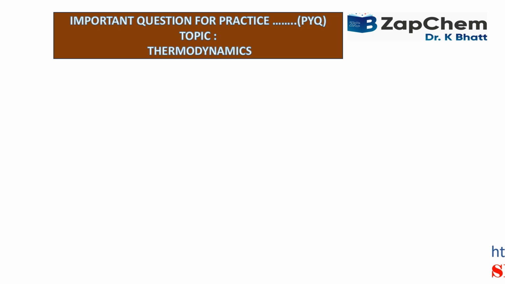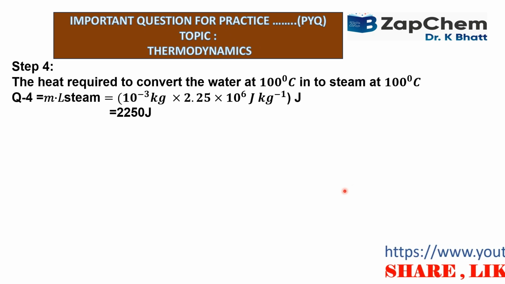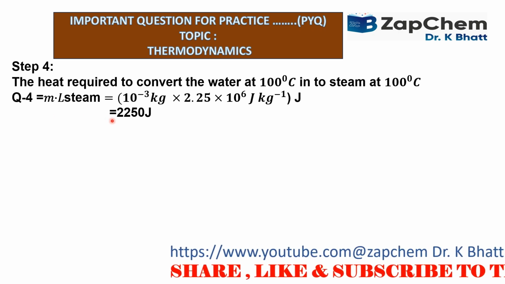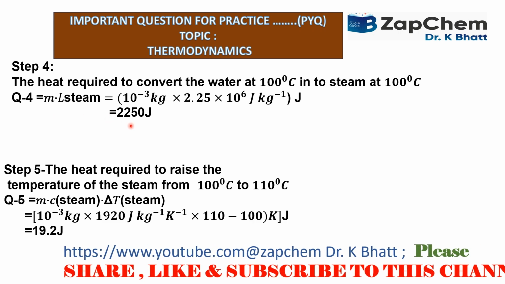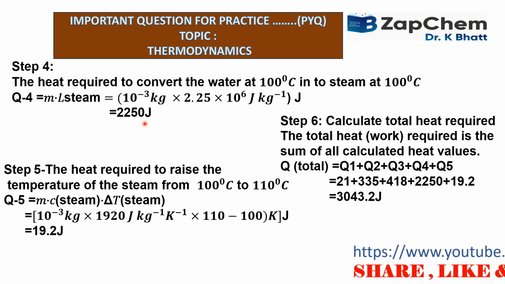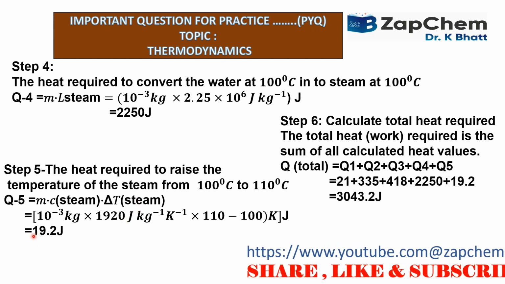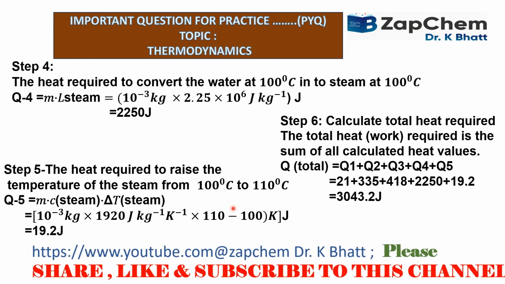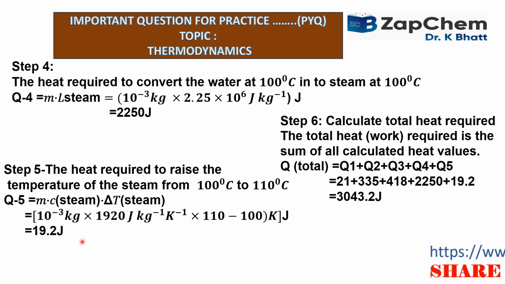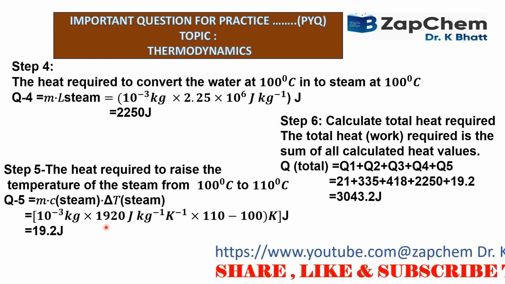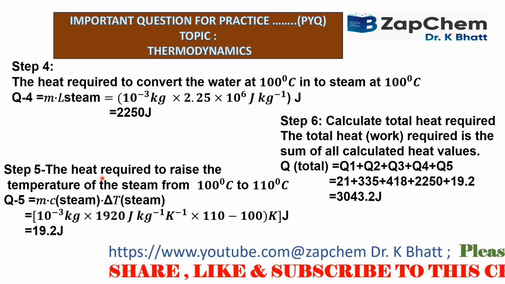Now next we proceed to further calculations for Q4, that is mass into latent heat of steam. When you apply the values, we get 2250 joules. And similarly, the heat required to raise the temperature of steam from 100 to 110 degrees Celsius is MC into delta T, the same formula that we have used till now.